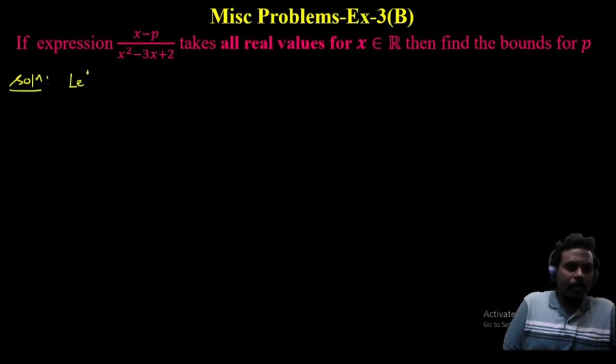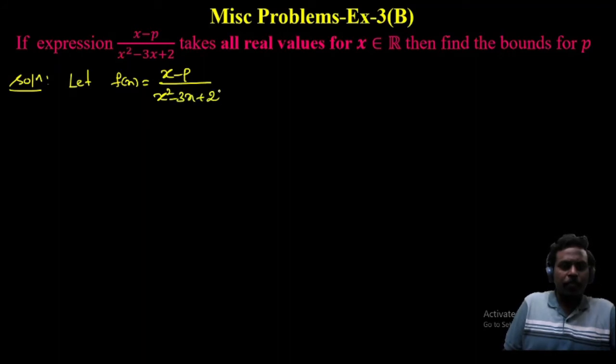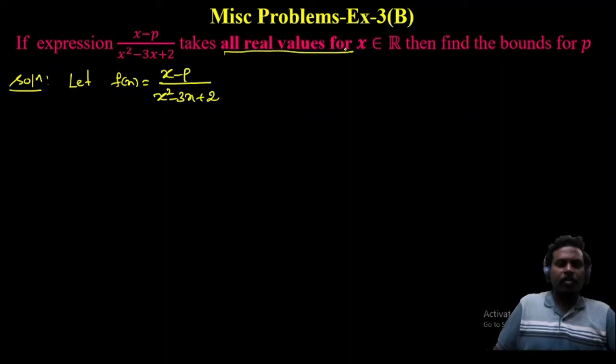Let me take f of x equal to x minus p divided by x square minus 3x plus 2. If I consider this as a function, what they are giving is this f of x takes all real values for x belongs to R.